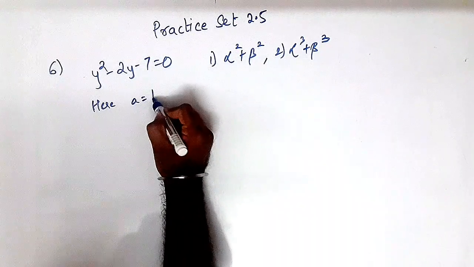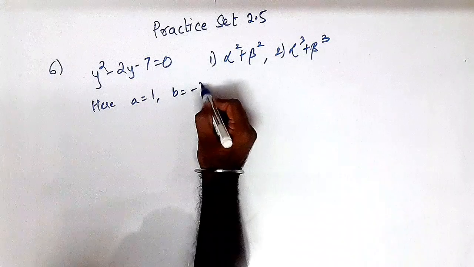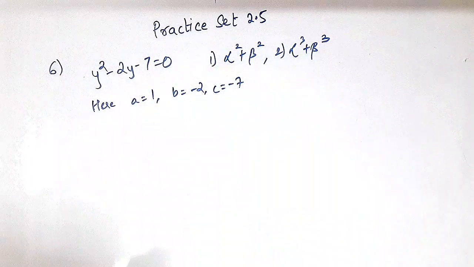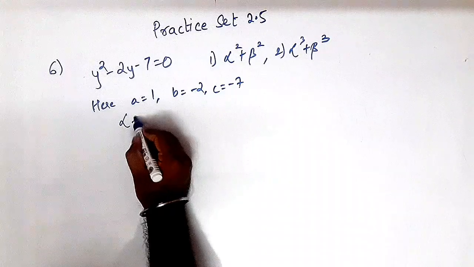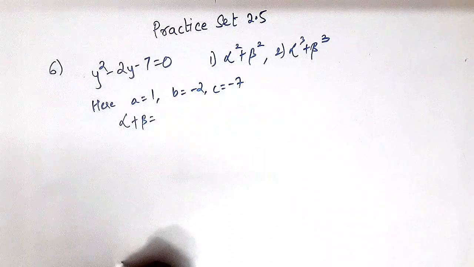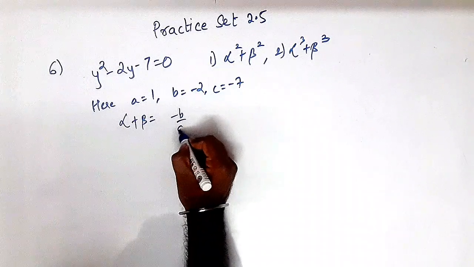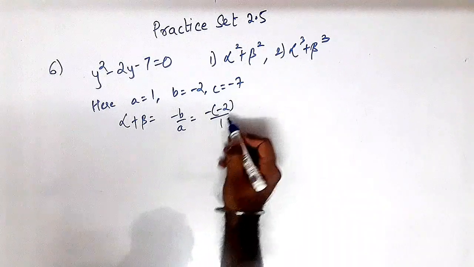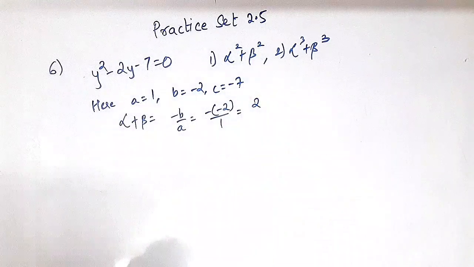Okay, now here a is equal to 1, b is equal to minus 2, c is equal to minus 7. I compared it with ax square plus bx plus c equals to 0. So alpha plus beta is minus b upon a, so it is minus of minus 2 upon a is 1, so you are getting answer 2.